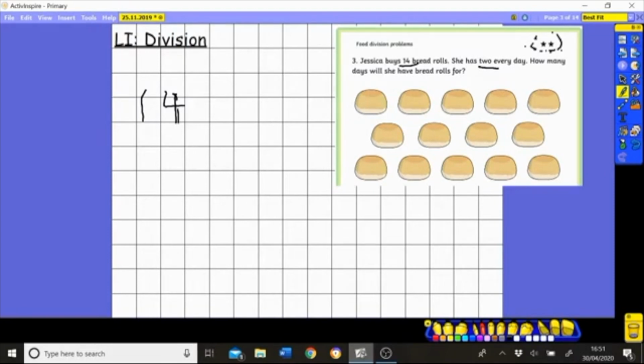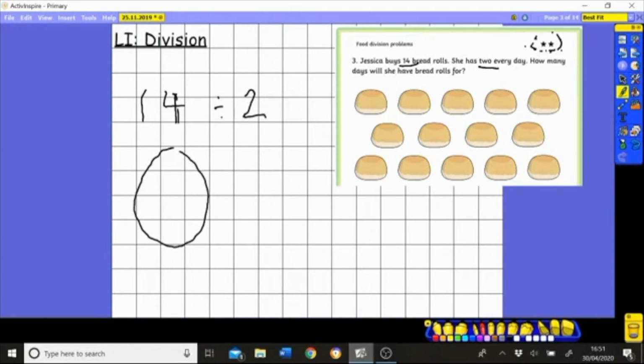How many days will she have bread rolls for? So these sort of questions are showing you why we use division, to understand how many days these rolls will last her. So we know that the dividend is 14. Her divisor is 2.